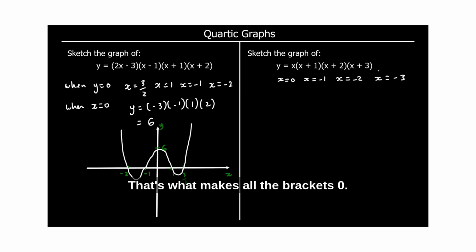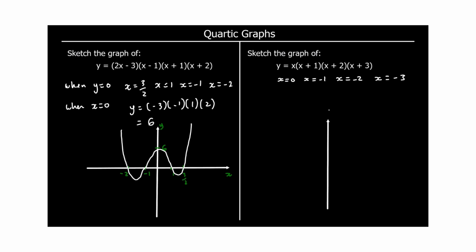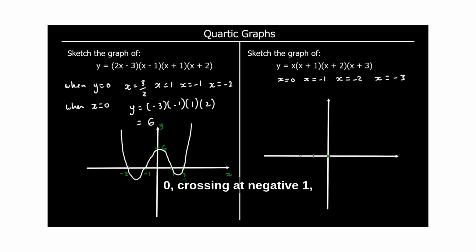That's what makes all the brackets 0. And we know it's going through the origin, so when x equals 0, y will be 0 as well. So it's going through 0, 0, crossing at -1, -2, and -3.